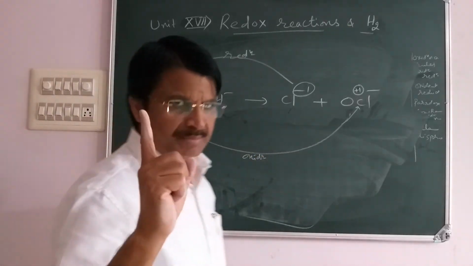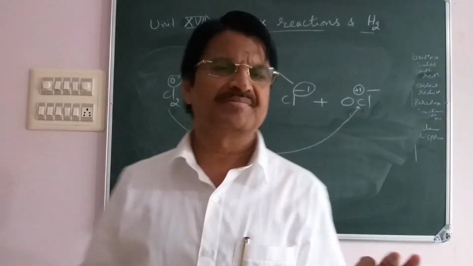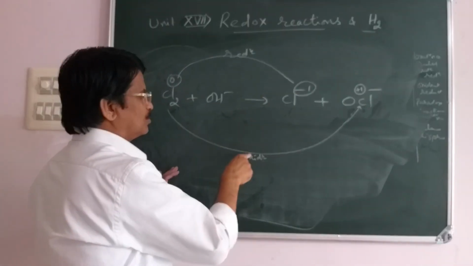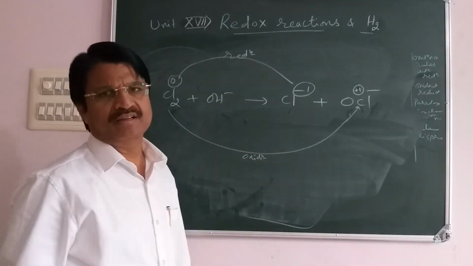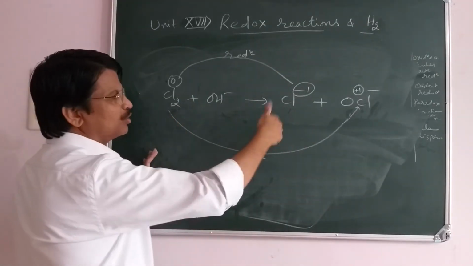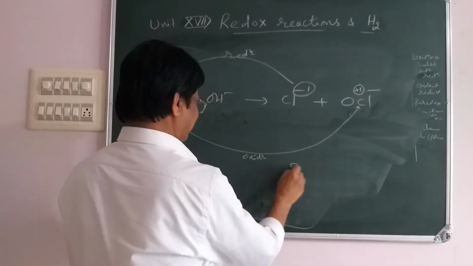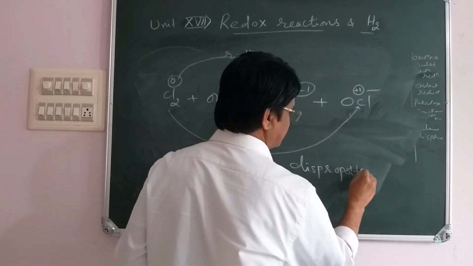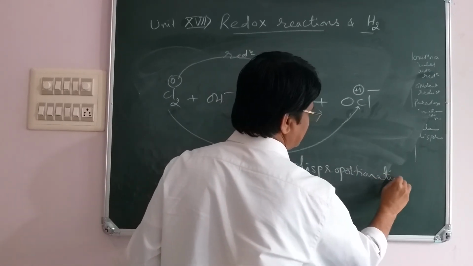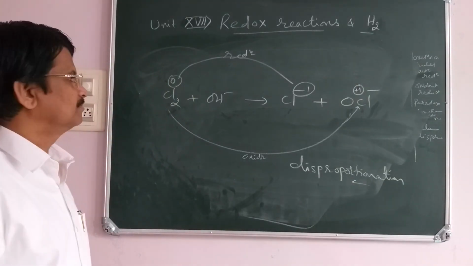So the same element or species which undergoes both reactions, oxidation as well as reduction, they said to be a redox reaction. But when one species undergoes two types of reactions, oxidation and reduction, then it is called disproportionation. It is said to be a disproportionation reaction.